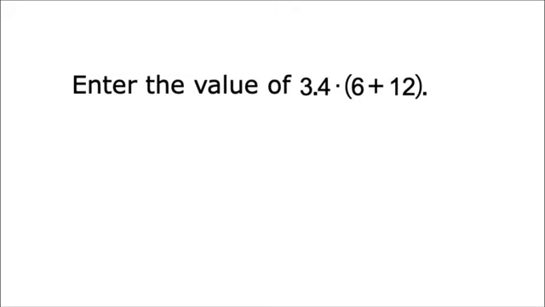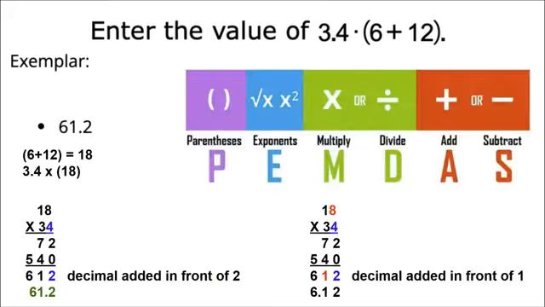Okay, now that you worked out the problem, let's see if you got the correct answer. So if you said 61.2, that is the correct answer. Dealing with this type of equation, you have to utilize PEMDAS. And remember that P stands for parentheses, E is exponents.